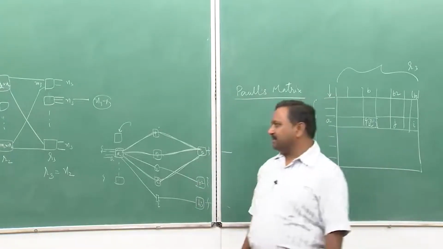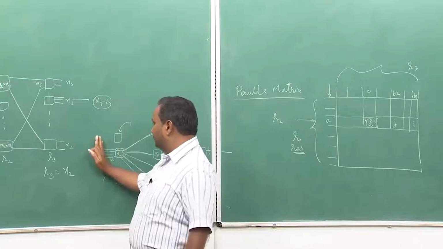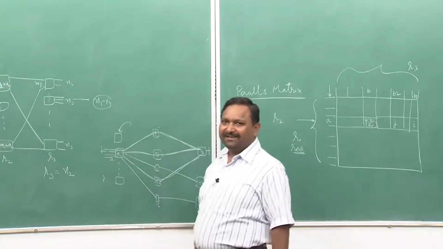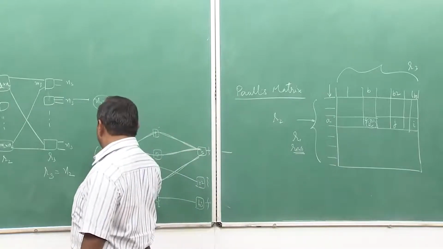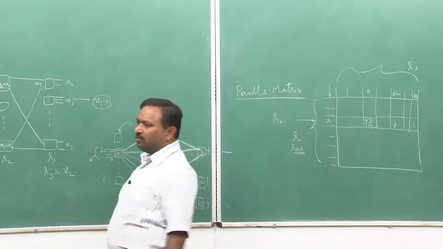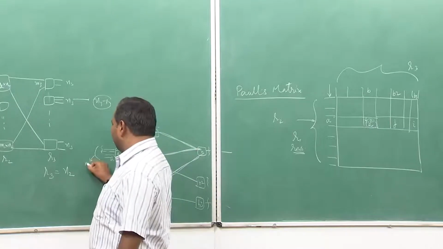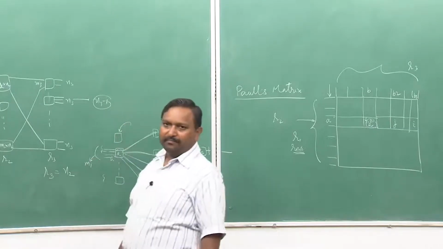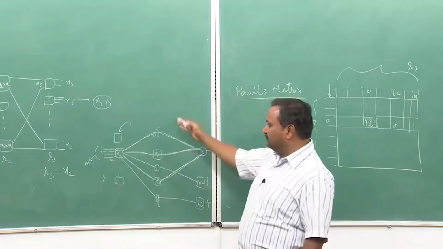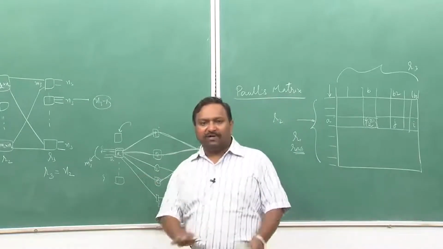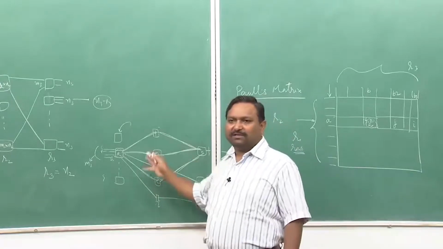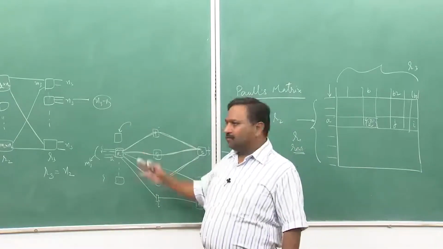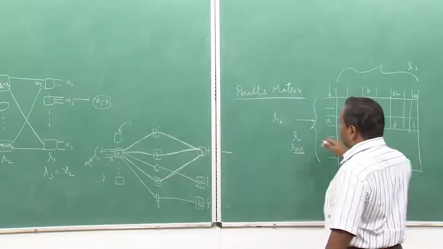But how many connections can I set up from the switch A? That will be decided by the number of input ports. So, the number of input ports which are coming in is M1. Of course, the number of middle stage switches and the number of incoming ports are two different things. So, I can increase this, I can reduce this. So, my number of elements here cannot exceed R2.